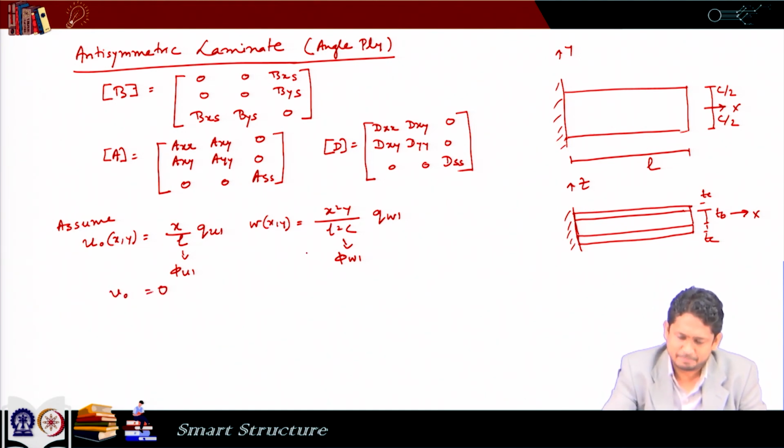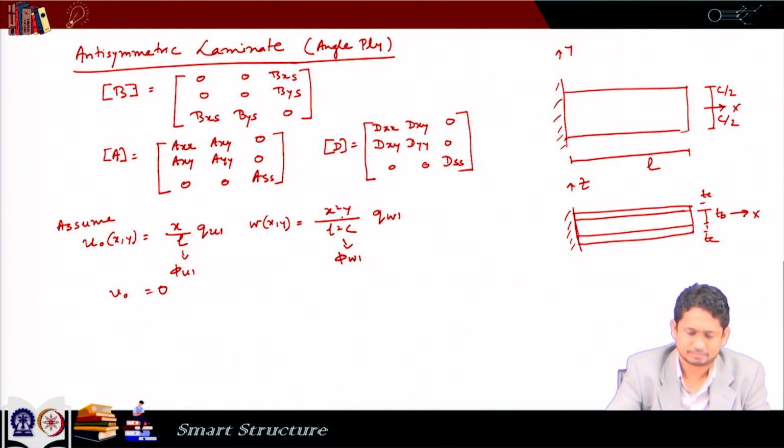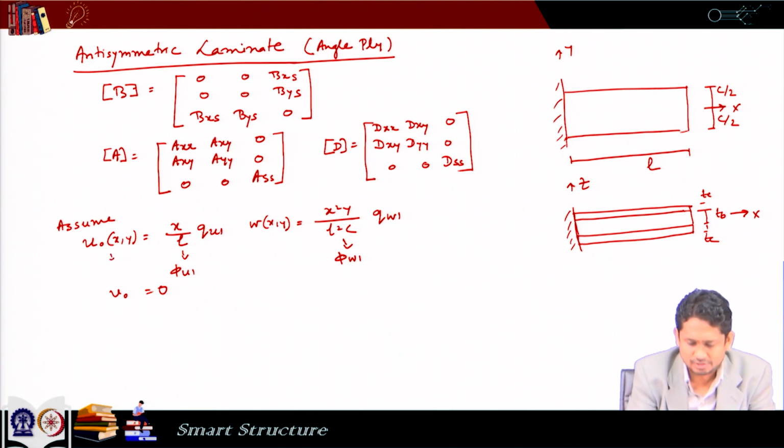Now, in our approximation for W, we took a y component also, because we expect a twisting to be induced. That is why we do not have a purely x component. I mean W is not just a function of x, it is a function of y as well, and u0 is function of x only.